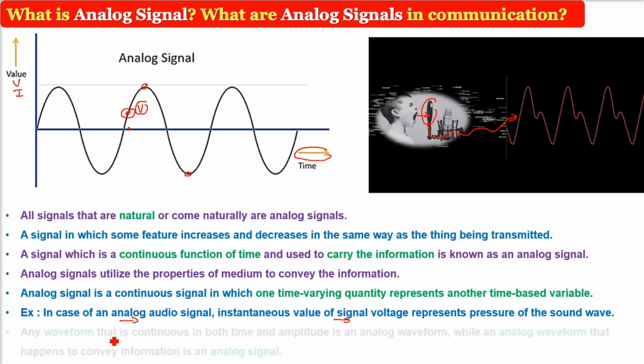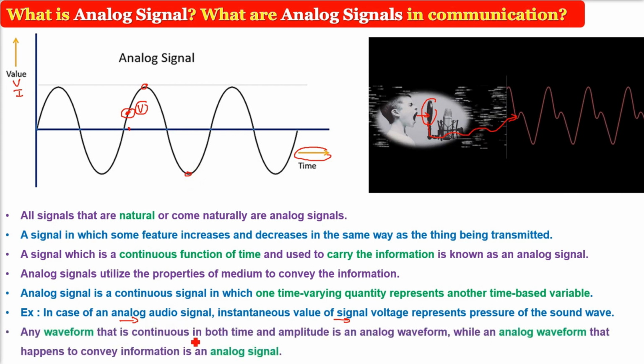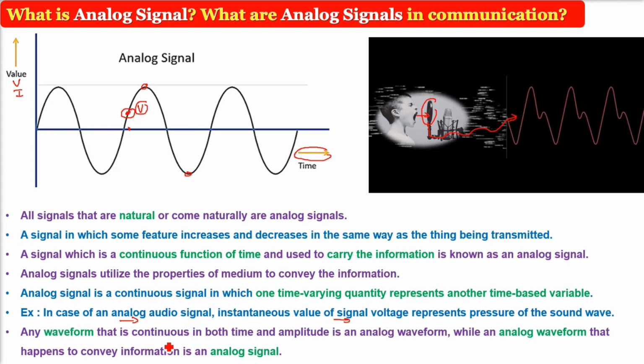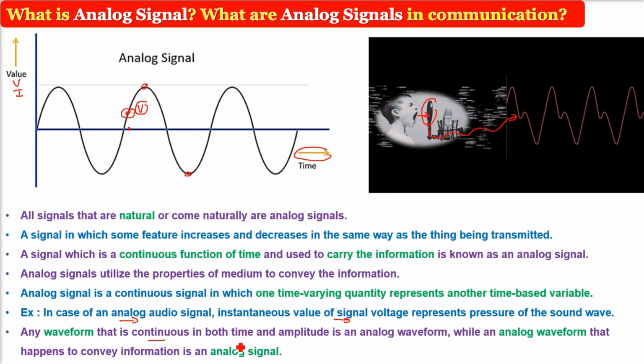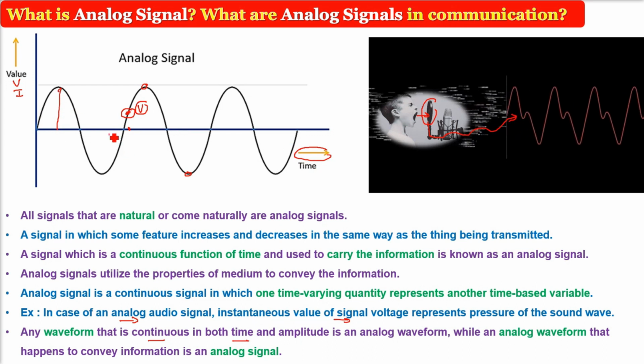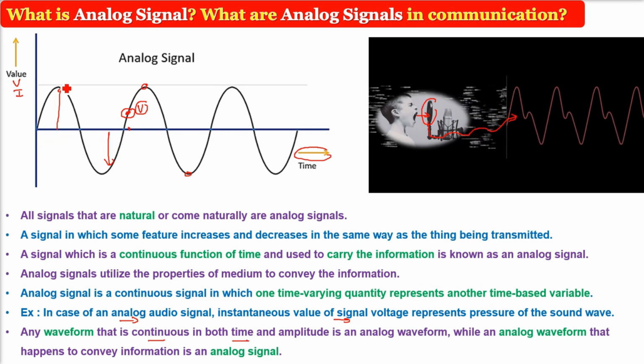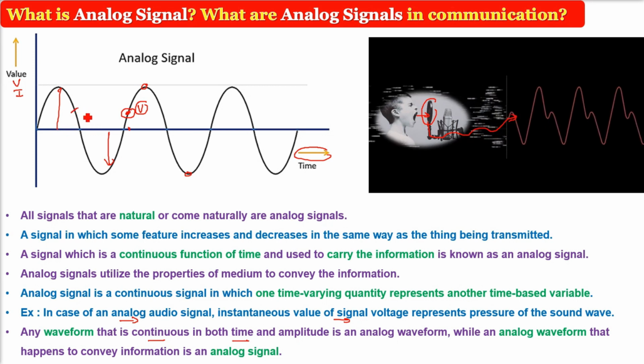Now one thing you will not hear anywhere, this is a very typical thing about analog signals. Any waveform that is continuous in both time and amplitude is an analog waveform. It is not an analog signal. Now see the upper part and the lower part, these are just amplitude, and time is already on the x-axis. So it is time varying. When the time varies, there is a certain value of voltage.